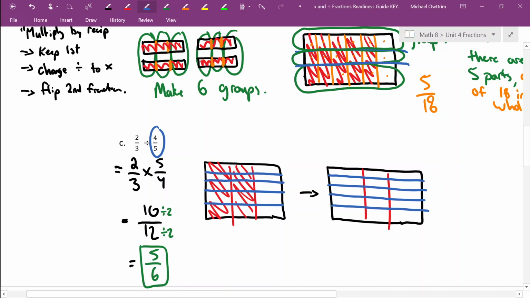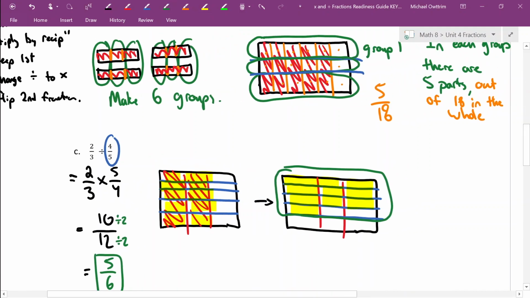Like that. But I need to take the parts that I have, 1, 2, 3, 4, 5, 6, 7, 8, 9, 10. And anytime that I've filled up 4 full rows, that would be one group.